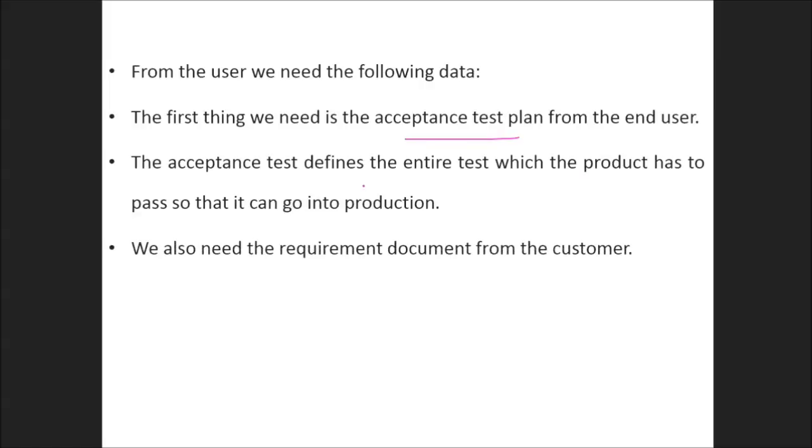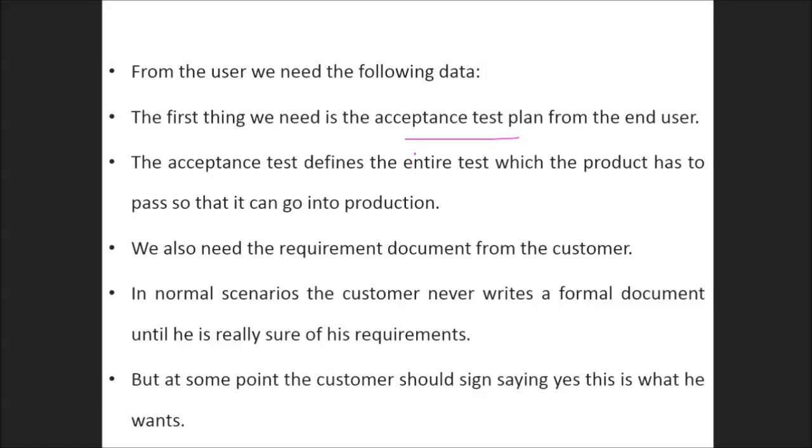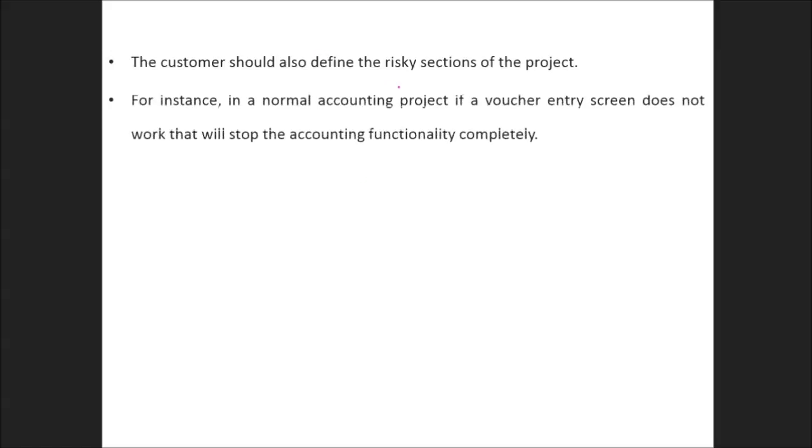We also need the requirement document from the customer. In normal scenarios, the customer never writes a formal document until he is really sure of his requirements. But at some point, the customer should sign saying, yes, this is what I want. The customer should also define the risky section of the project.